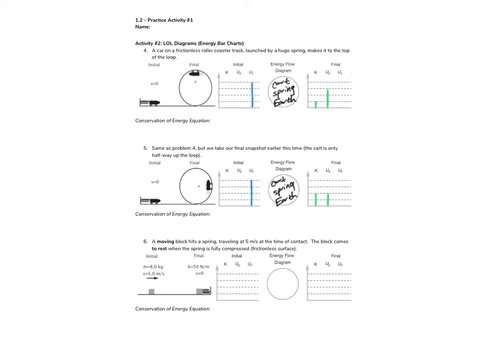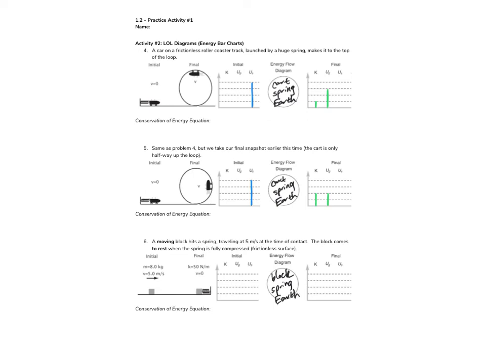All right, now, last but not least, we have a moving block. It hits a spring, and then the spring brings that block to rest, and then the spring becomes fully compressed. So, defining our system, what objects do we have in our system? We have the block, we have the spring, and we have the earth, always the earth.